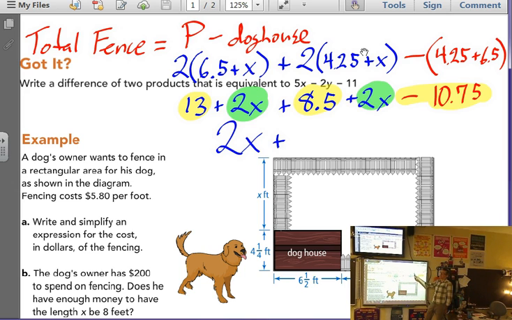But then minus 10.75. When I just do the addition, 13 and 8.5 gets me 21.5. Then though, I got to take away 10.75. So take away the 10, I land at 11.5. Take away the 0.75, 9.9.